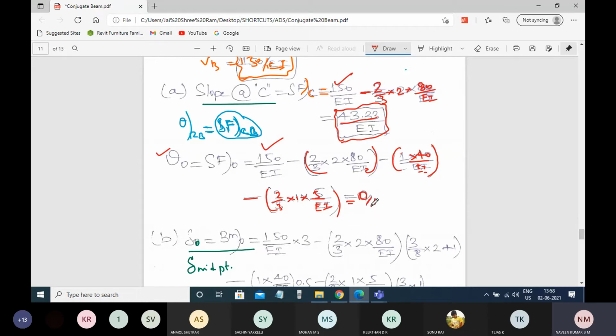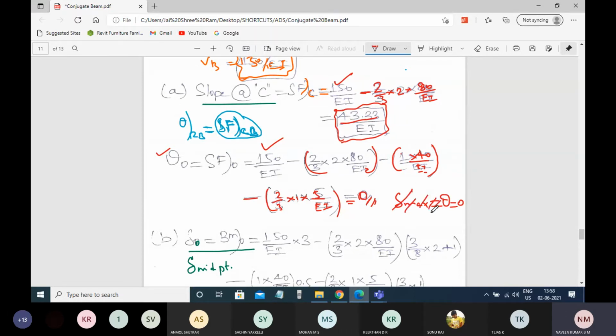So we have discussed one particular thing. Wherever the delta is max, please understand, theta remains as 0. That we discussed while doing the moment area method. Please recall that.